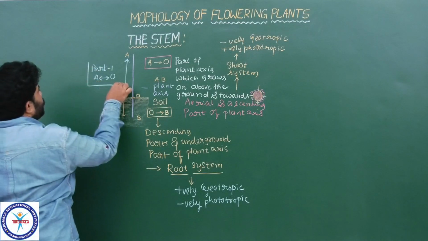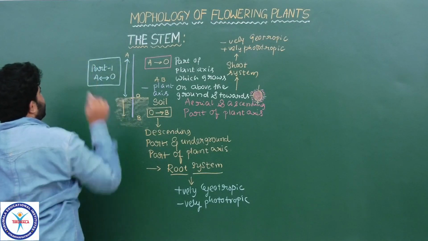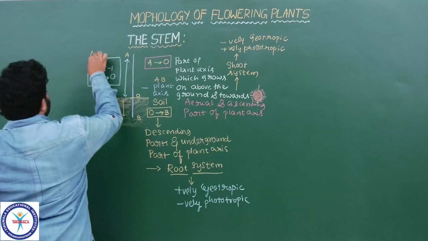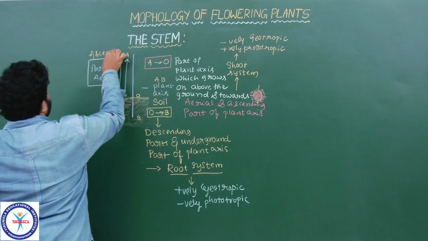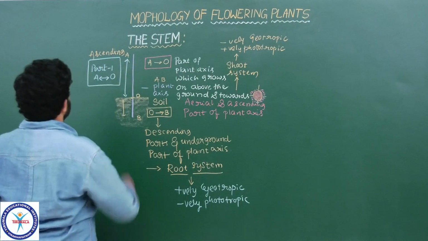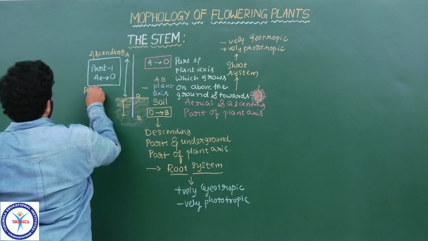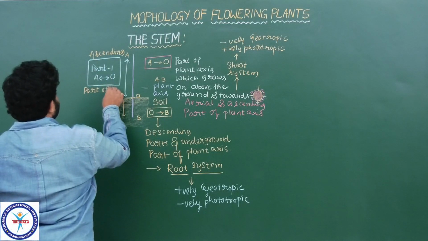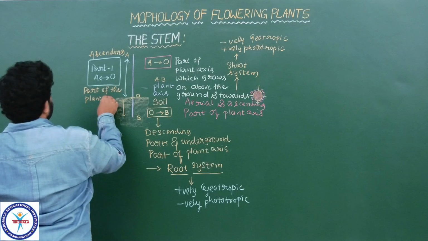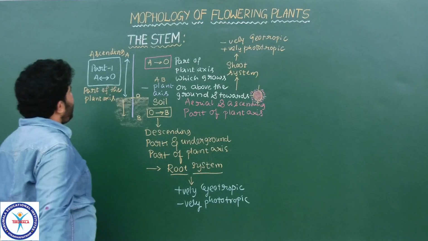This is the part which grows towards the light. It is said to be the ascending part of the plant axis.